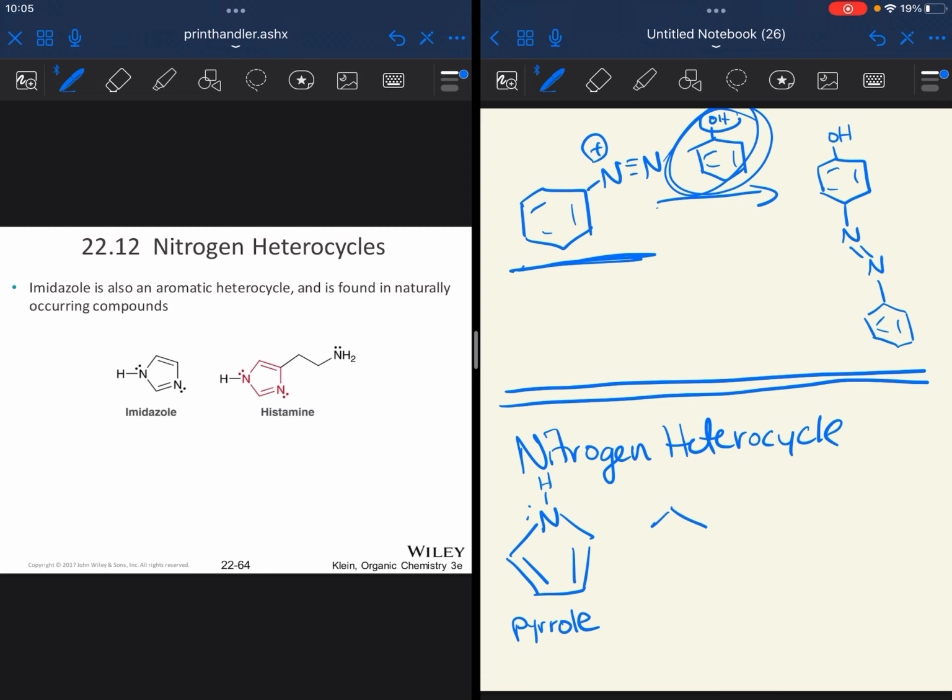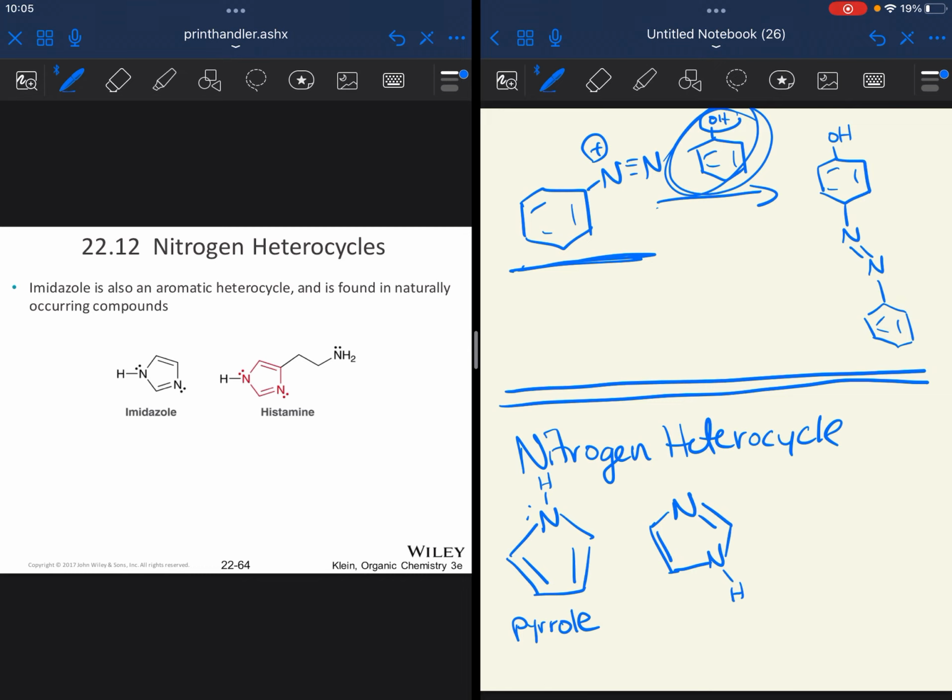We have another 5-membered ring. It's also aromatic, but it has 2 nitrogens in it. It's called imidazole. So 2 nitrogens. It has 2 double bonds.